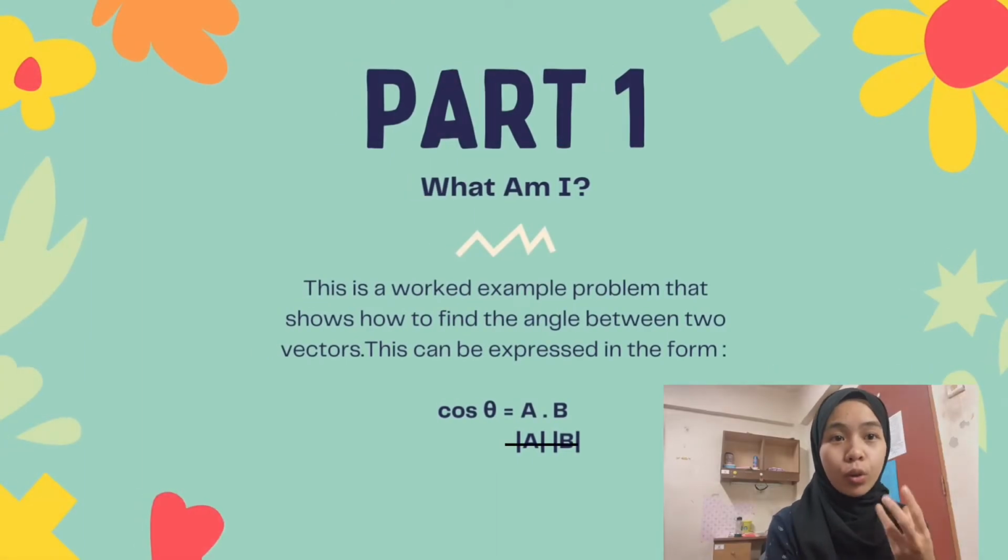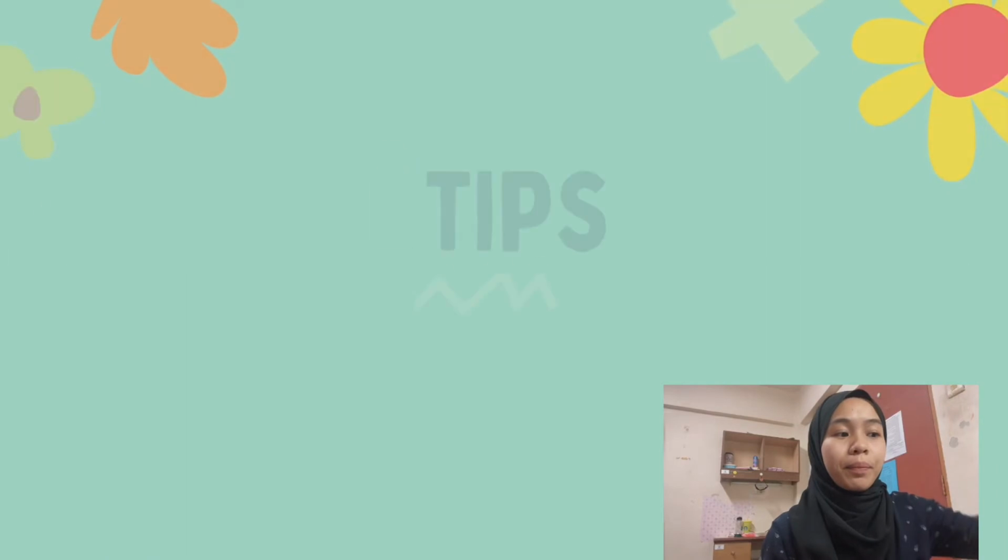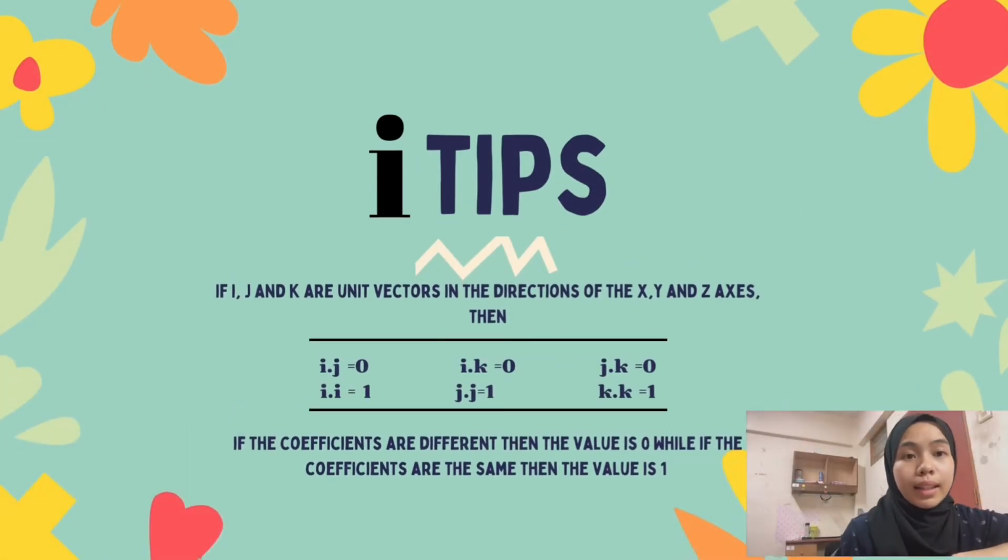Problem that shows how to find the angle between two vectors. This can be expressed in the form cos theta equals A dot B over |A||B|. There are some tips that you can get from vector and scalar.